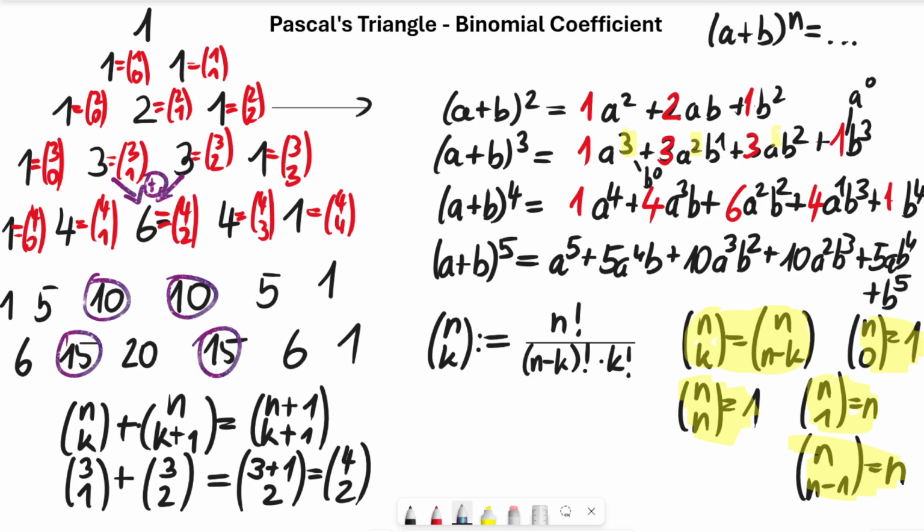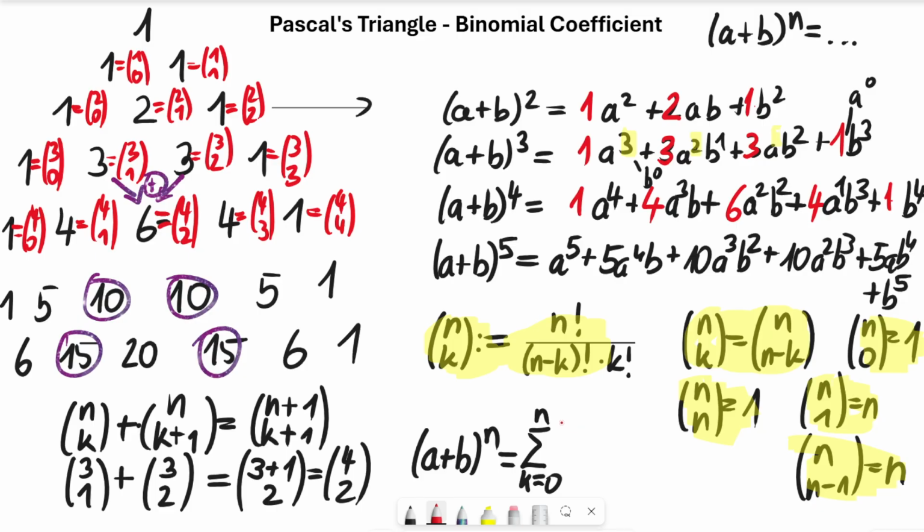Fine. So the only remaining thing is how to develop the binomial expansion. What is a plus b to the power of n in general? And if you check out these formulas here, it's a summation, first of all, from index k equals 0 up to n. And these red coefficients are just the binomial coefficients.